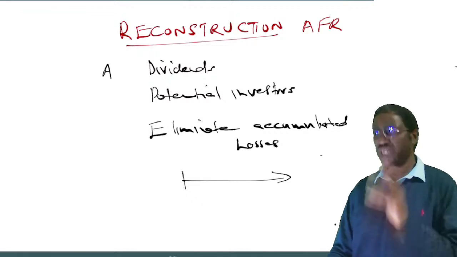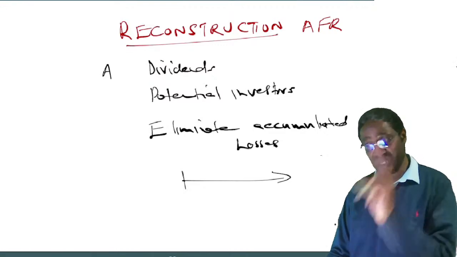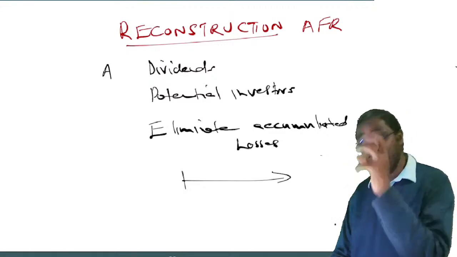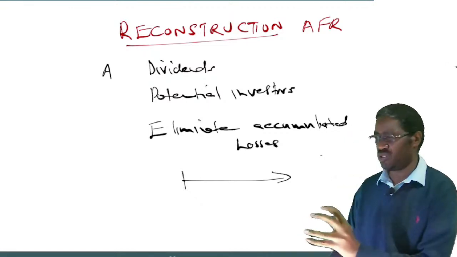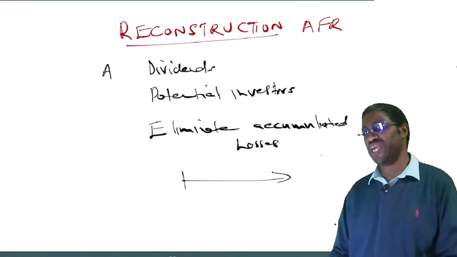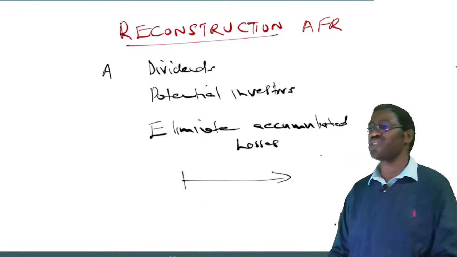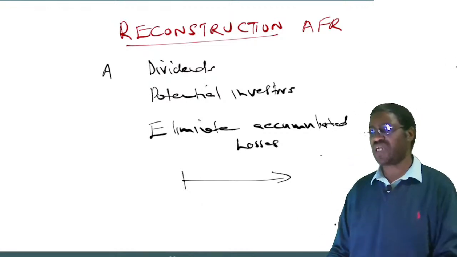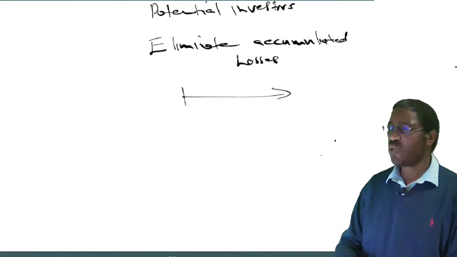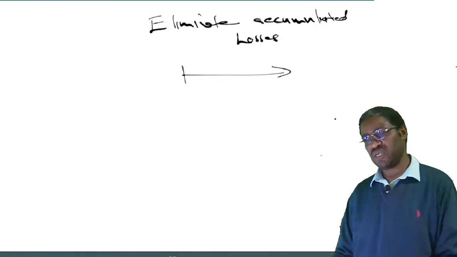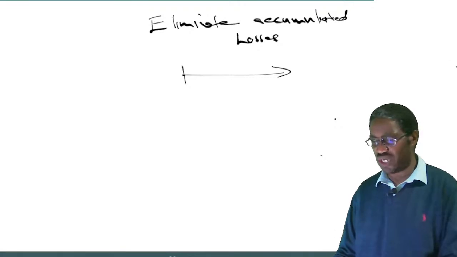Now, the question is, how do you reconstruct a company? We have said the aim is to help that company to eliminate the accumulated losses. We don't want to reflect losses again in our books of accounts. From now on, we want to eliminate those losses and start our activities in a more attractive and profitable manner. There are two ways a company can be reconstructed.